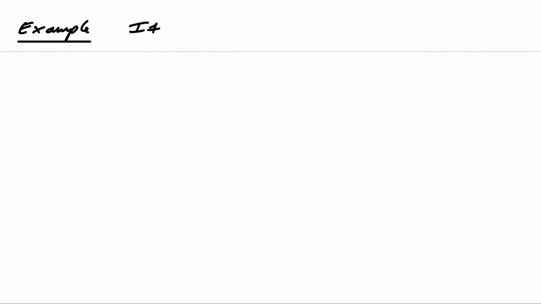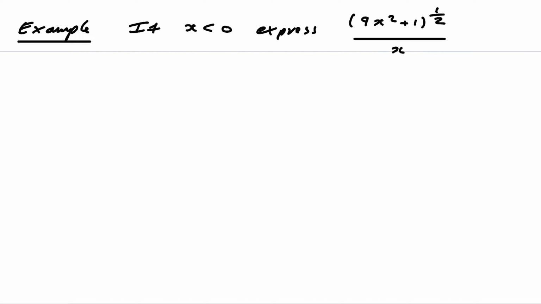If x is strictly less than 0, so negative, express 9x squared plus 1 all to the power of half over x in the form of some constant a, with the same story as above, some rational to some power.